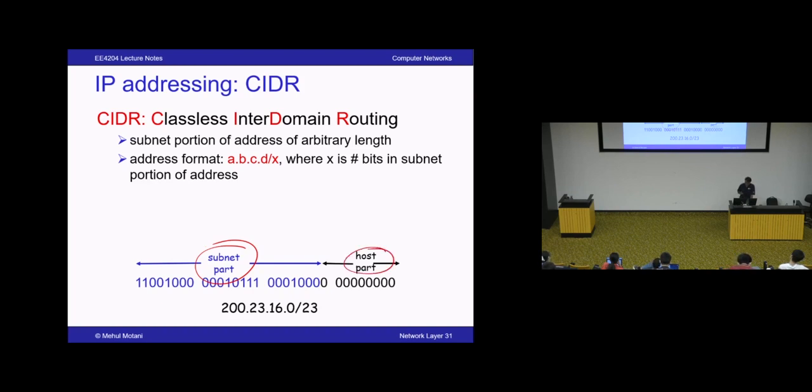In this case, the host part is 9 bits. Okay? So we see that this subnet will be identified like this: 202.23.16.0/23. So all the parts that are not in the subnet part are zeroed out when we want to specify the subnet.